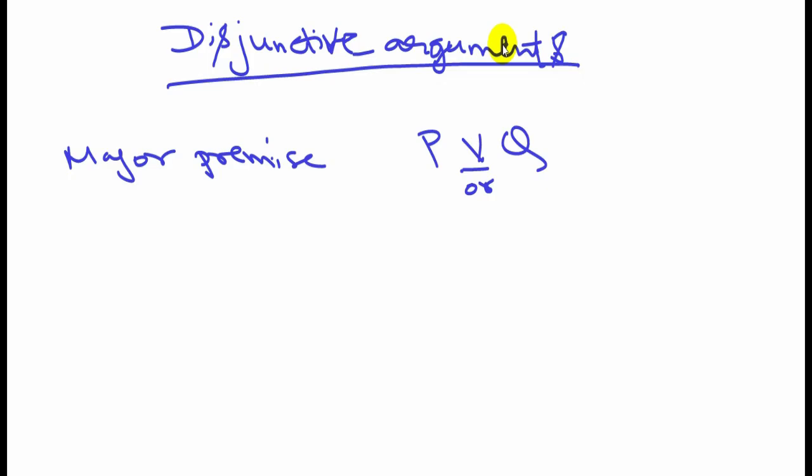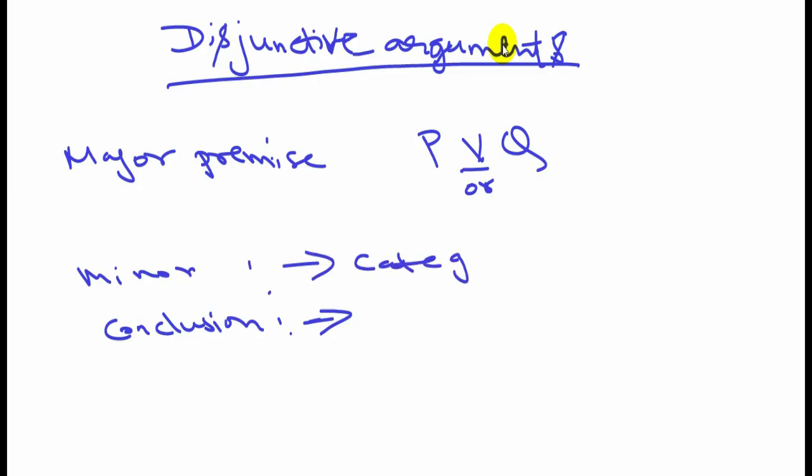while the minor premise and the conclusion are both categorical propositions. Let's take an example.